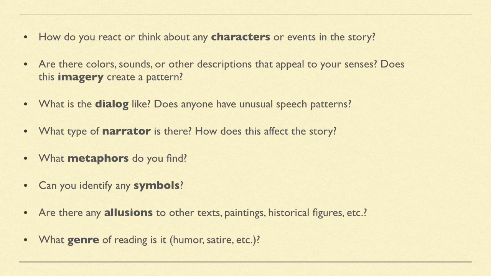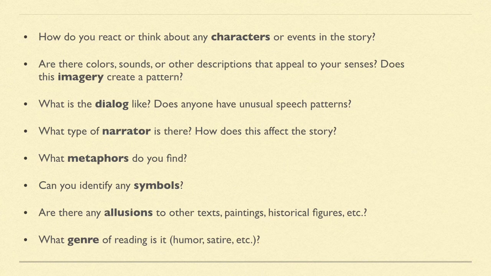Besides that, you also need to know how to react or think about any characters or events in the story, and any observation of colors, sounds, any descriptions of senses. Does the imagery create a pattern? Or what is the dialogue like? What are the speech patterns? Is there anything unusual?